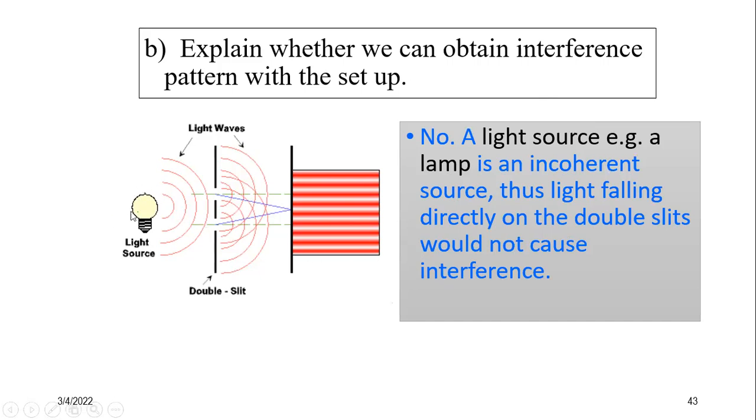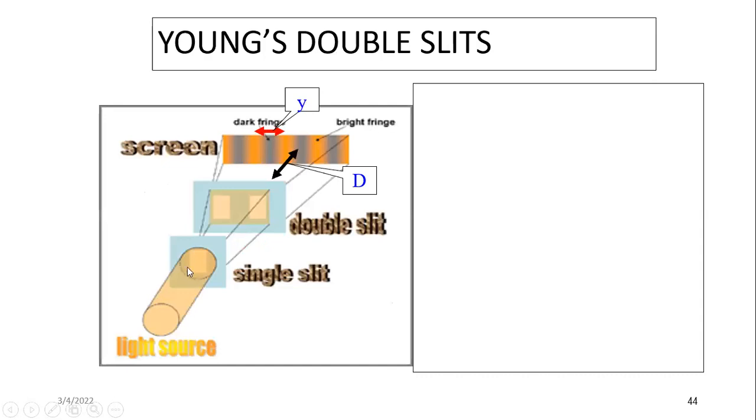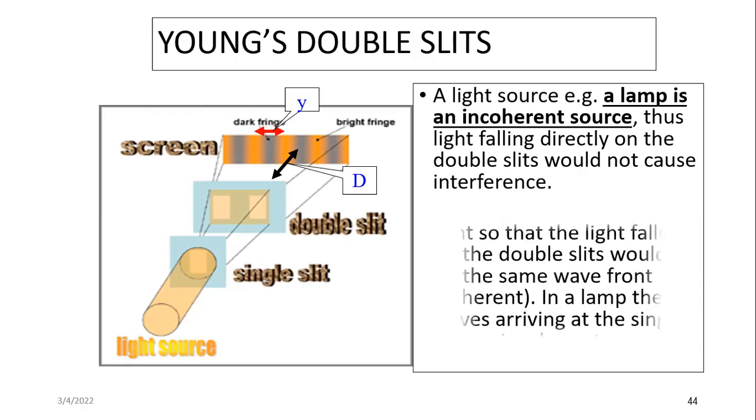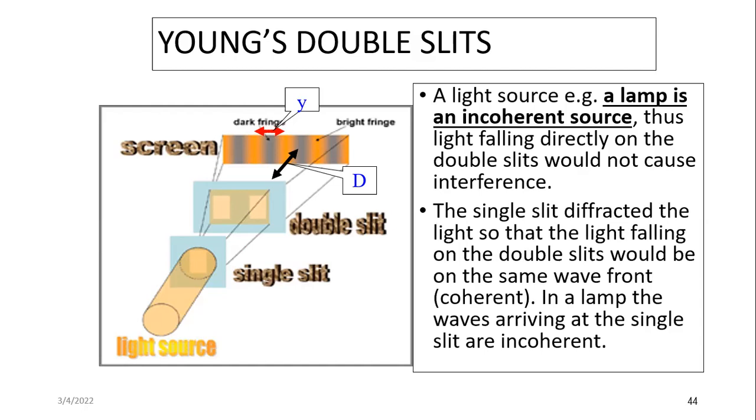Before we can carry out this experiment, we have to have a single slit to get a point source. Right here, have a single slit. So the lamp is an incoherent source. Thus, light falling directly on the double slit would not cause interference. The single slit must diffract so that light falling on the double slit will be from the same wavefront.